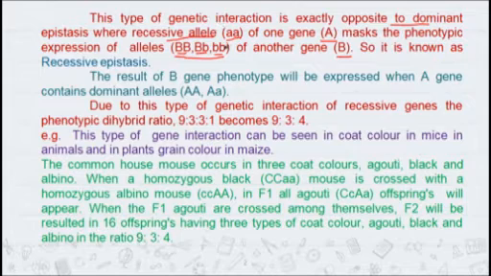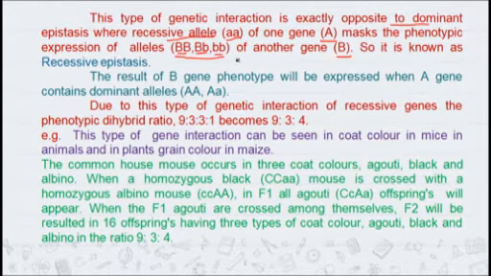When the recessive alleles of gene A mask the expression of all types of alleles of gene B, it is known as recessive epistasis.